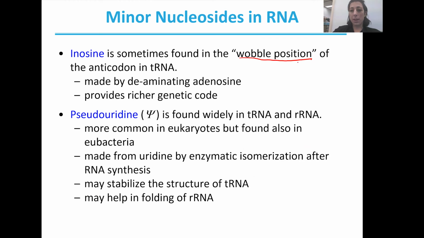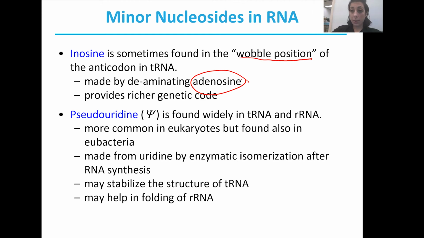We'll talk more about that in tRNA, transfer RNA. So inosine is a whole new nucleotide. It's a different nitrogenous base that we sometimes see encoded in RNA in position of where adenosines normally actually tend to be.